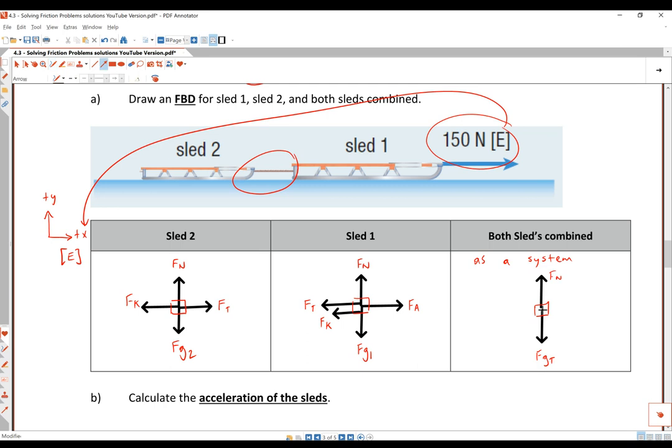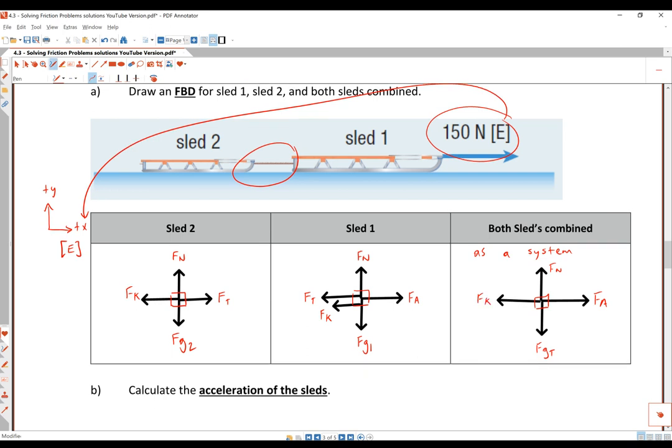There is an applied force on both sleds because if you pull sled 1, sled 2 is automatically going to be pulled at the same acceleration. So this is going to be applied force in this direction. And the force that is going to be opposing this motion is going to be kinetic friction. So we're going to label it as this.